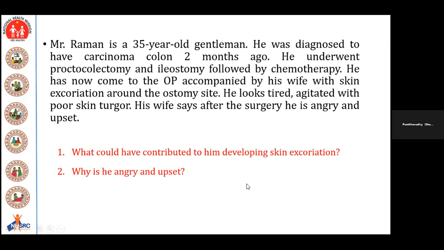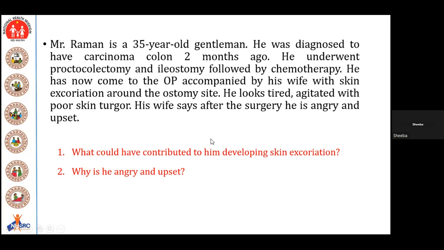Maybe the bag is not applied properly. The adhesive material might be allergic to the skin. The contents of the colon may be irritative to the surrounding skin.